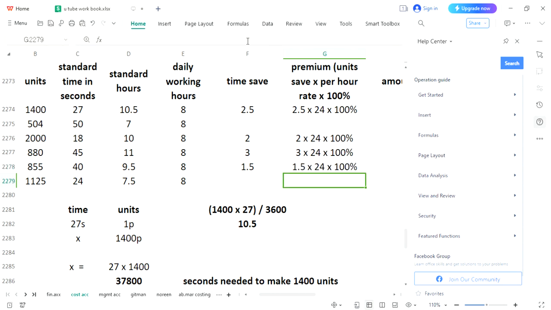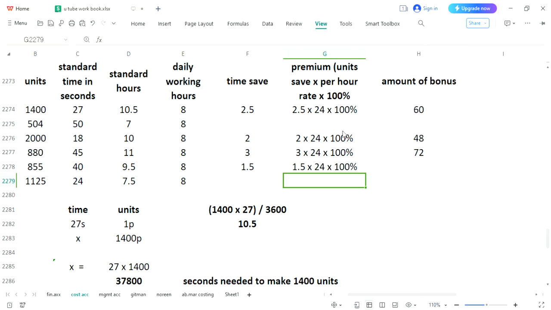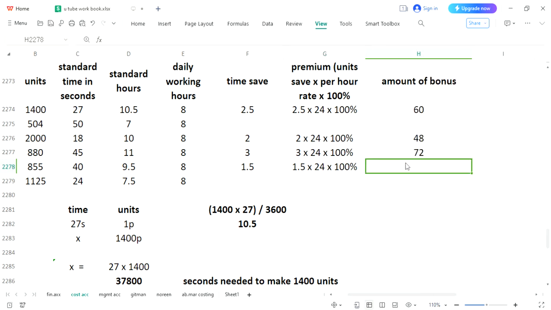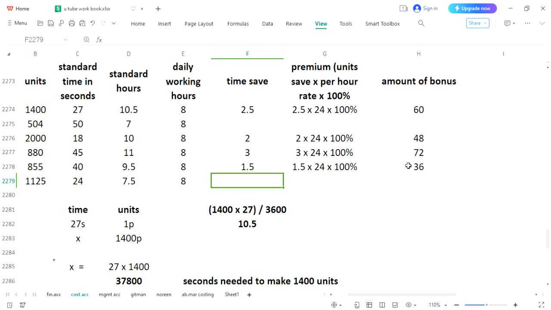Calculation is completed. We don't need what was present over here, let's remove it. Okay, start calculations. 1.5 multiplied by 24, 100% is unneeded to be written. In this way, calculations are completed.